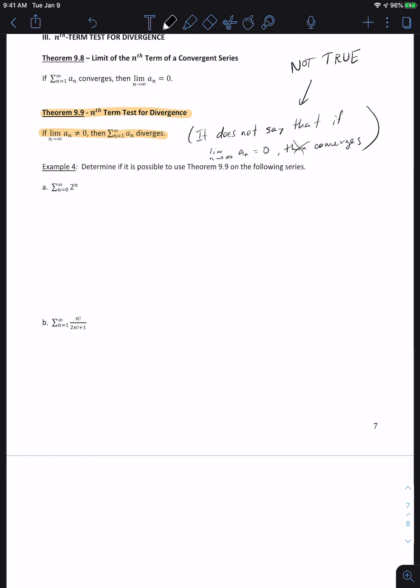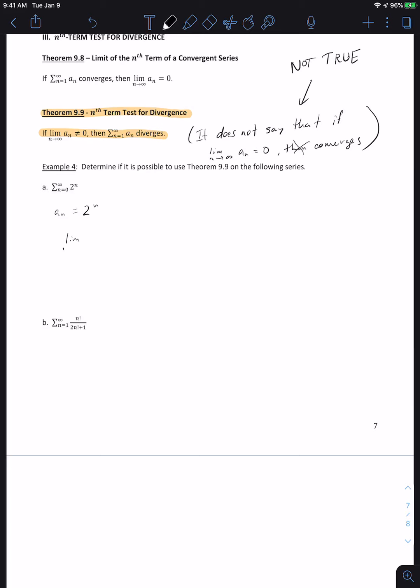Right? So example 4, determine if it's possible to use theorem 9.9 on the following series. And the only time we can use theorem 9.9 is if the limit does not equal 0. So here, a sub n is whatever we're adding up, so 2 to the n.